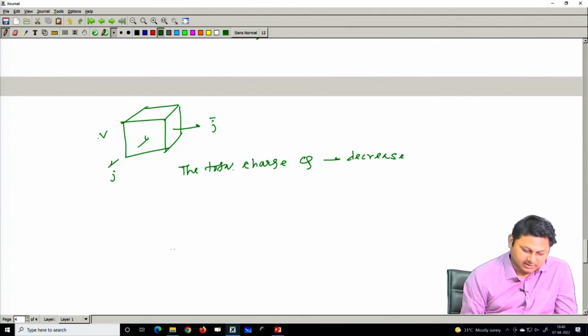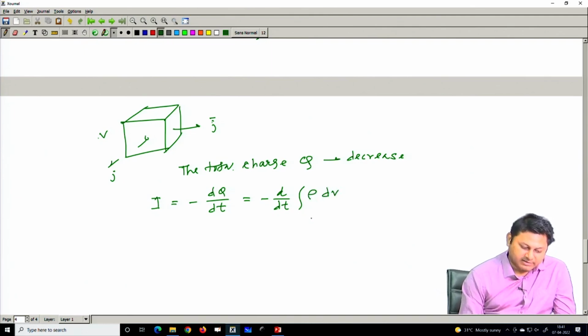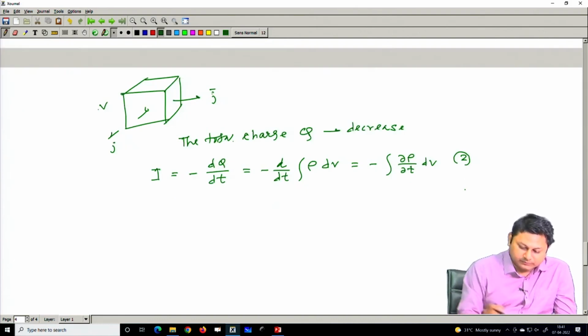So, Q should decrease. So, the current I can also write here, since it is decreasing, it should be minus of d dt, and the charge density we know is decreasing. So, I can write it in this way. So, this is simply minus of del rho del t dV. This is equation 2.